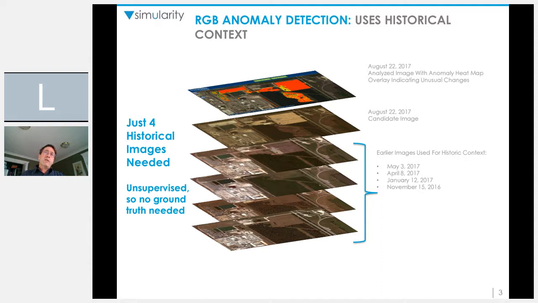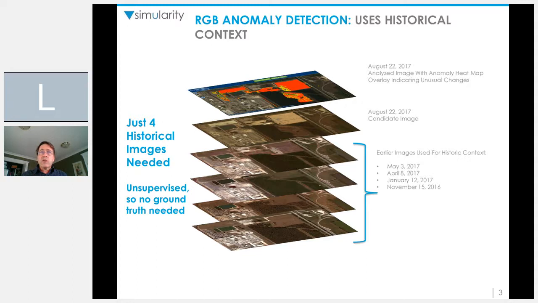It masks out the common or normal changes that are happening, like vegetation coming and going, cars on the road, or even shadows moving around. This helps the analyst very quickly identify the key areas that they want to home in on.